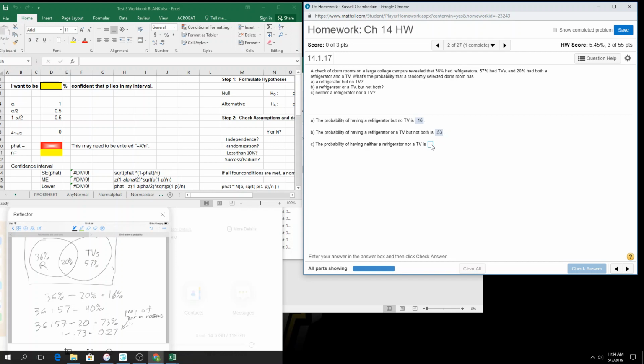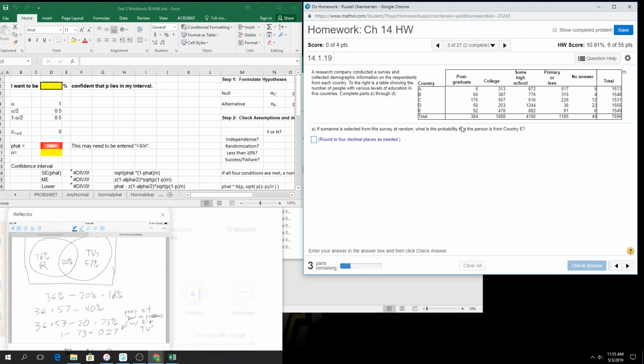Rooms with no refrigerator and no TV. Okay. All right, we're doing good here.